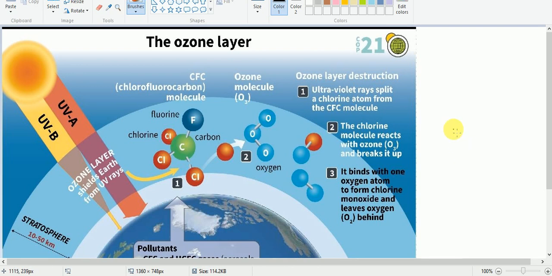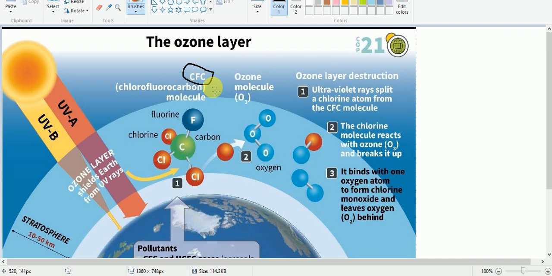So let me introduce the depletion of the ozone layer. We know that CFC, chlorofluorocarbon, gas destroys the ozone layer. We have learned earlier about it.